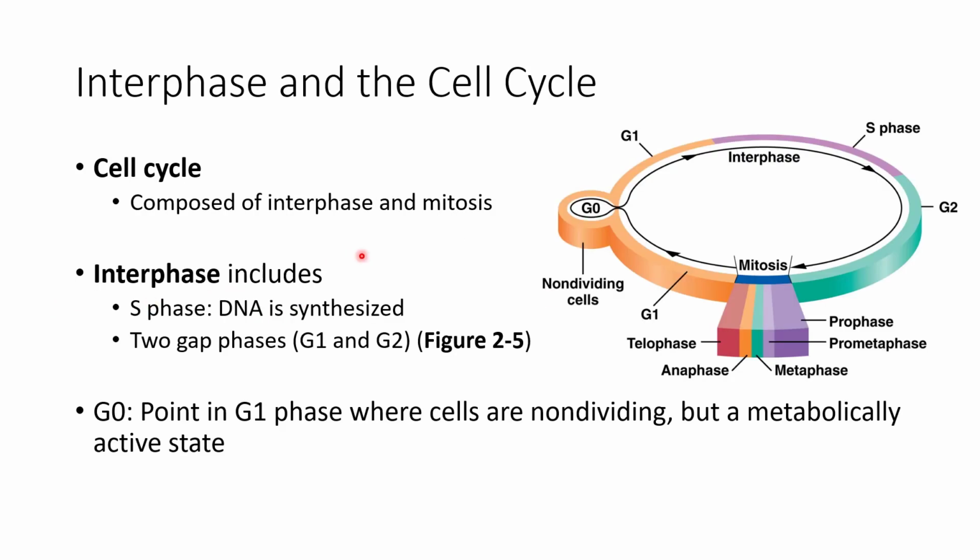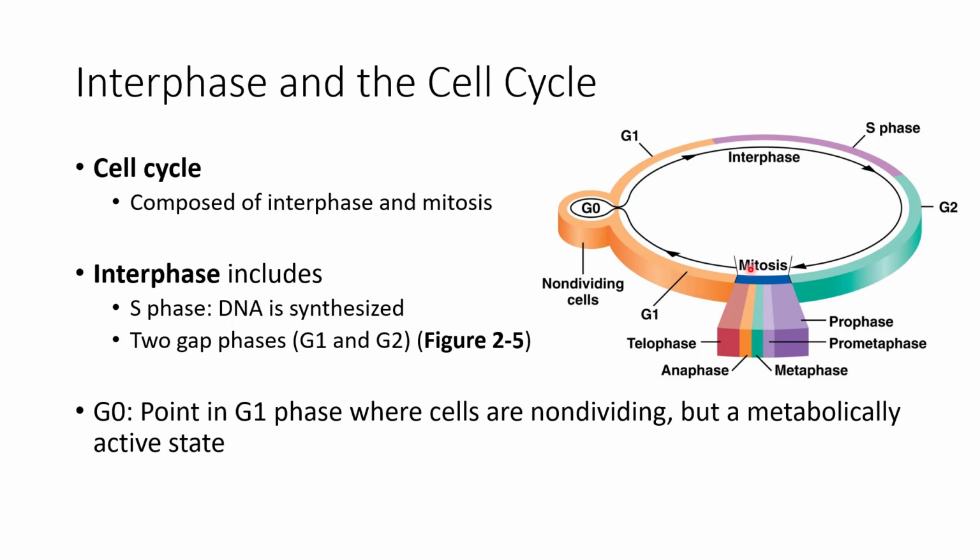The cell cycle itself can then be divided into the stages of mitosis, in which we are dividing the genetic material, and the stage in which we're preparing for that, which we call interphase. So when a cell is in interphase, it is going about its normal cell business. It is making proteins. It's engaging in cellular functions and cellular maintenance.